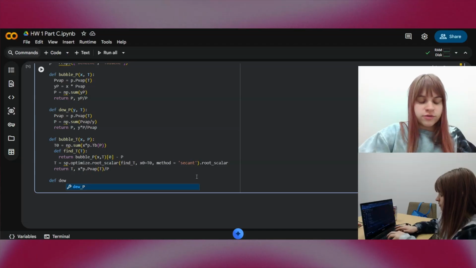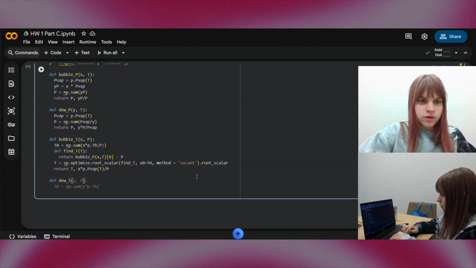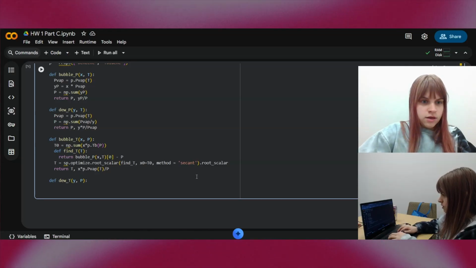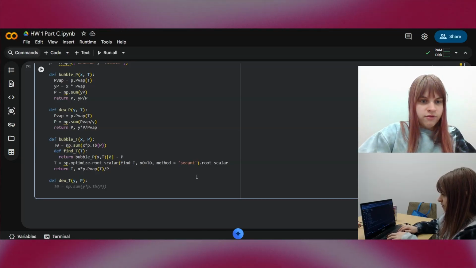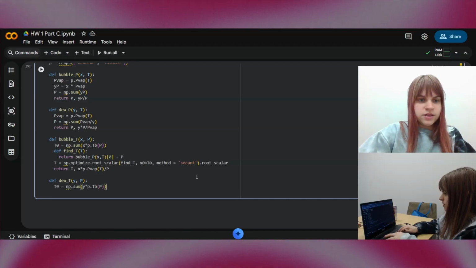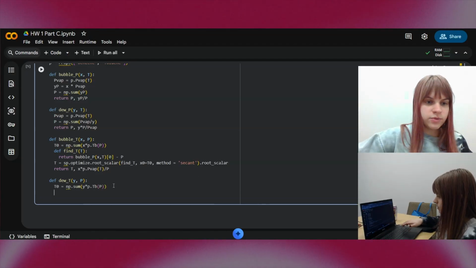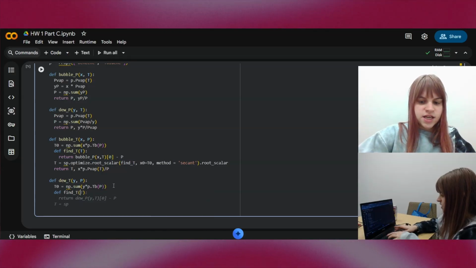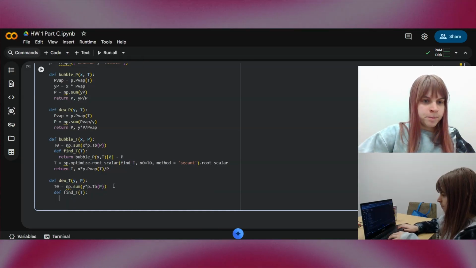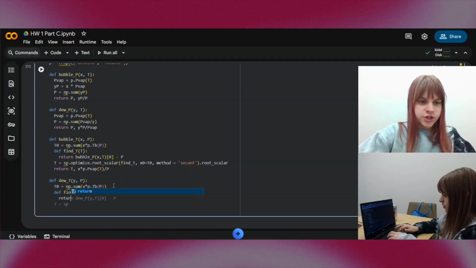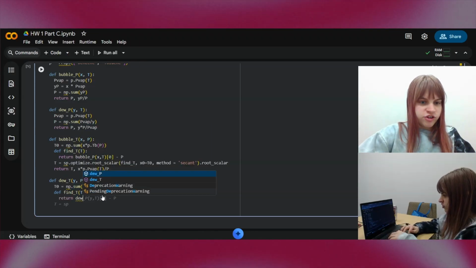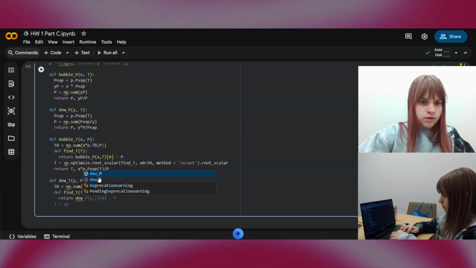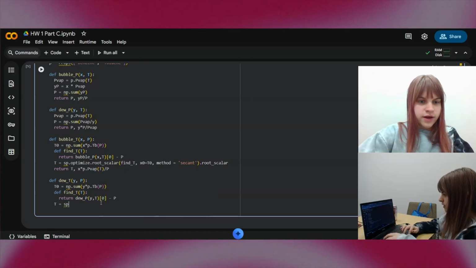dew temperature. We have the Y and P. We want to have a starting point similar to how we did the bubble temperature. Like we did above, I'm going to label this the same way, find T, so find the temperature, and return the dew pressure. Yeah, that should be correct.